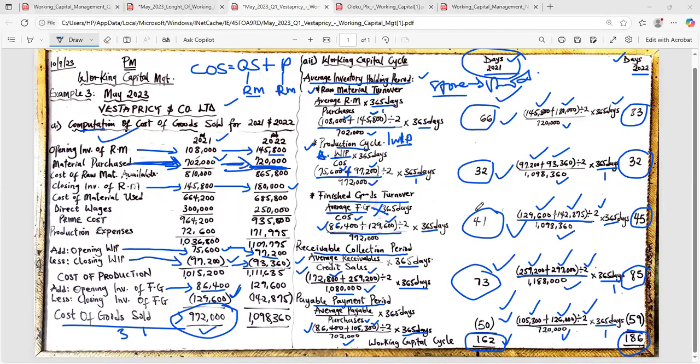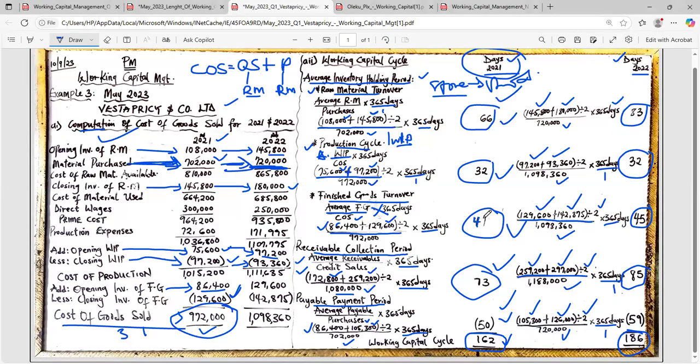This 41 days is the total time it takes finished goods to remain in the store before being sold. It means that this finished goods is going to be stored in your warehouse, awaiting sales.